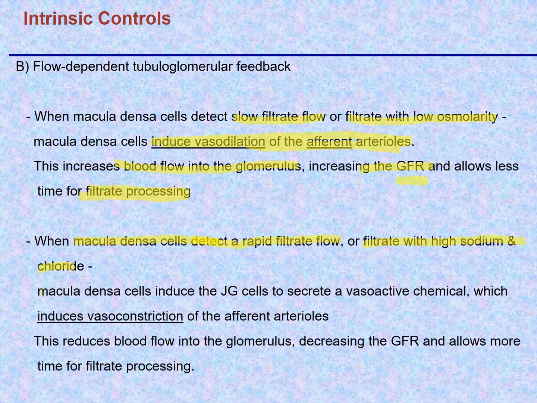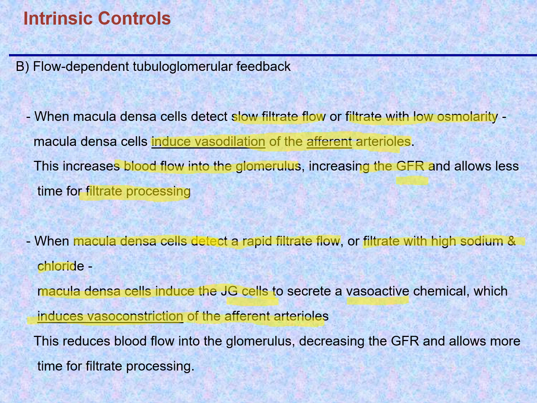The macula densa cells can then induce the juxtaglomerular cells, which are also part of that juxtaglomerular apparatus, to secrete a chemical compound which is vasoactive, and it has vasoconstrictory effects on the afferent arterioles.